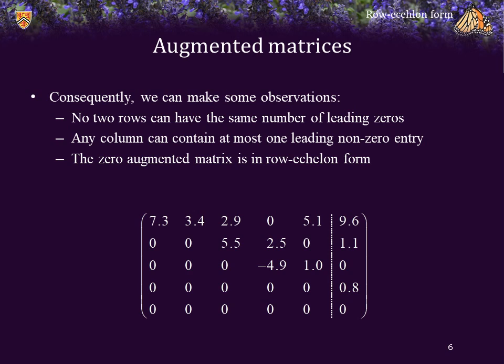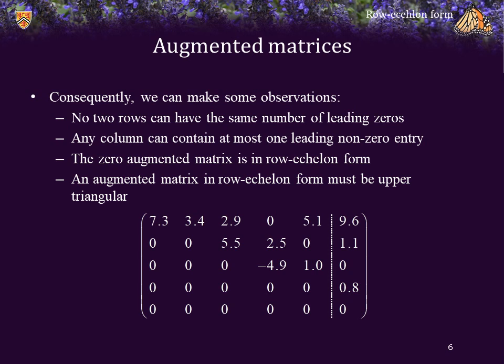Also note that the zero augmented matrix is already in row echelon form. Finally, an augmented matrix in row echelon form must be upper triangular.